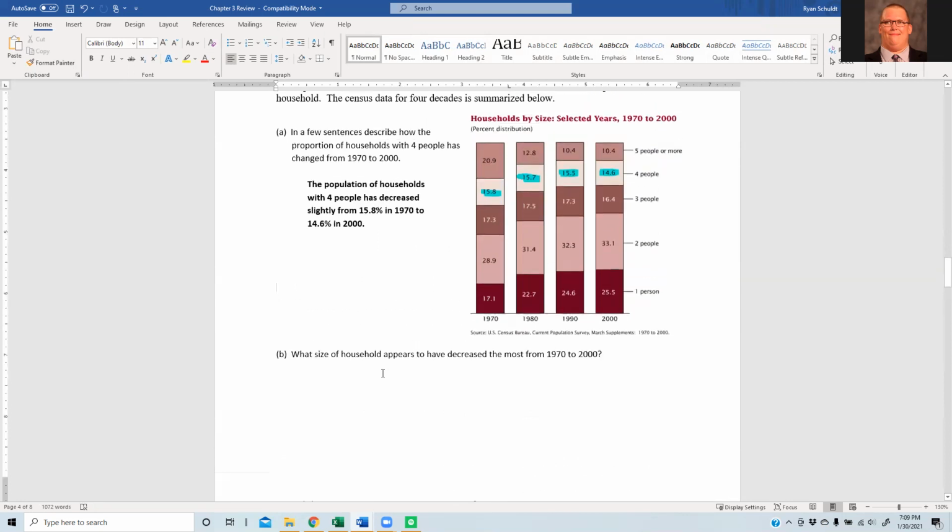Part B, what size of household appears to have decreased the most from 1970 to 2000? Well, let's see. What percent did they change? So 1970 to 2000. That's what we're looking at here.